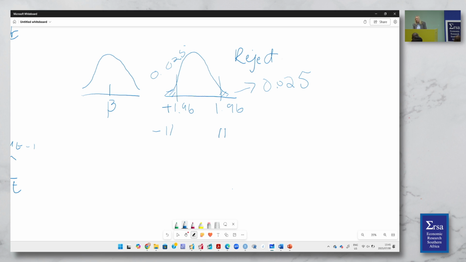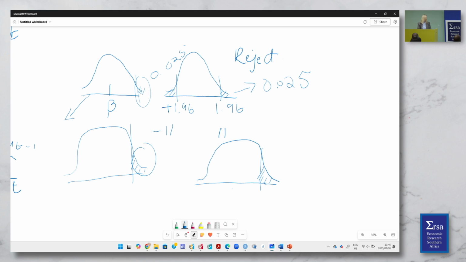Because these distributions are not this nice bell-shaped form. They start getting these fat tails. So that if you look at the same, you can see that little area and this area. And also the t-distribution. If you look at the 1.96, that area will be much larger than the 0.025 or the 2.5%.